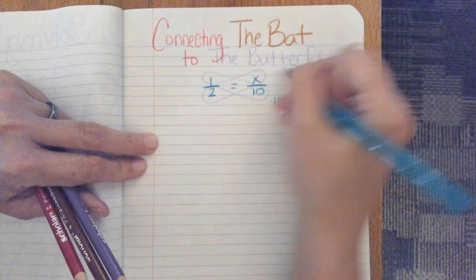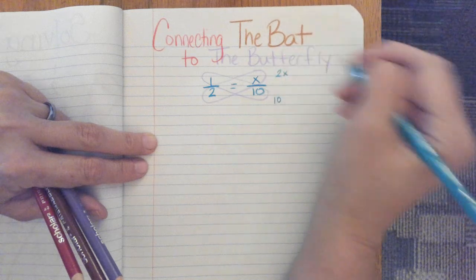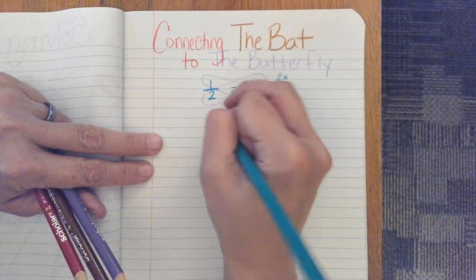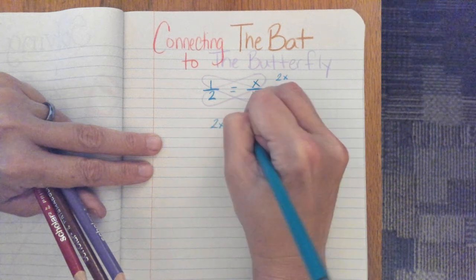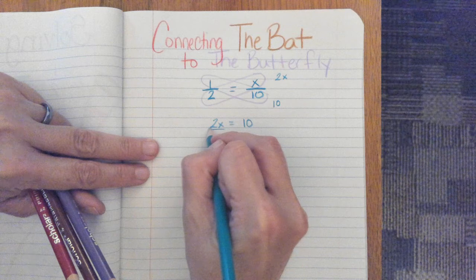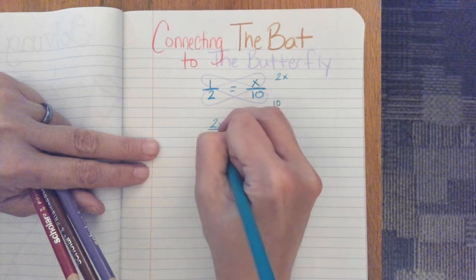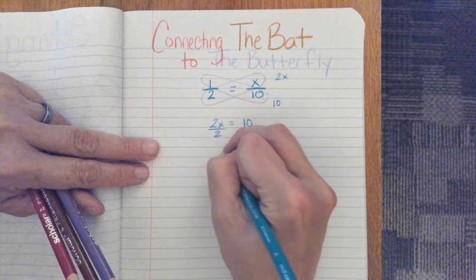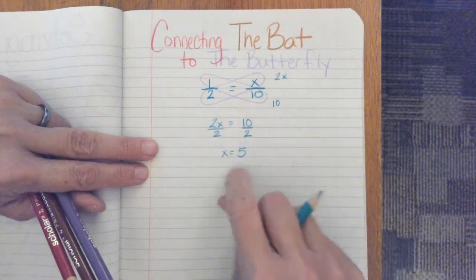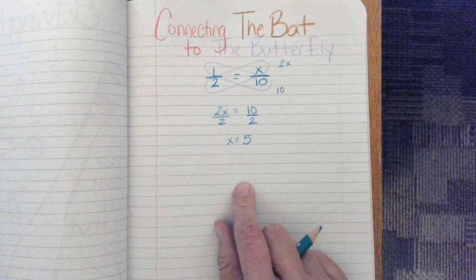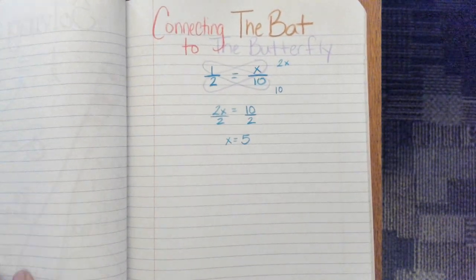And 2 times something is something. And these two things are going to equal each other. Then I want this x, this unknown number, by itself, so I divide by 2. And so what I'm left with is 5. Okay, I think I just confused you, and it's okay. That's why the bat is better.